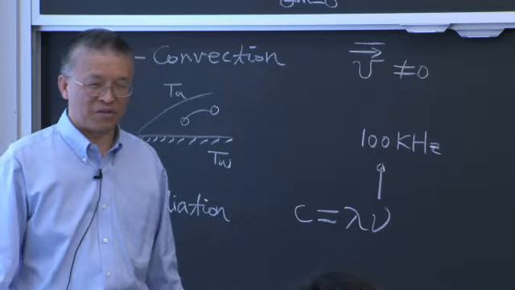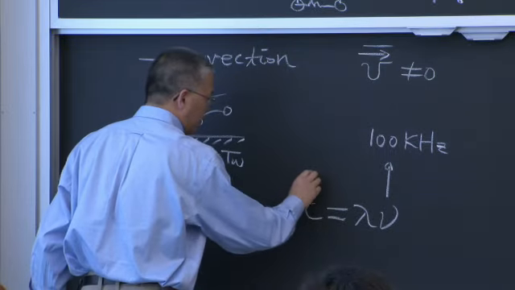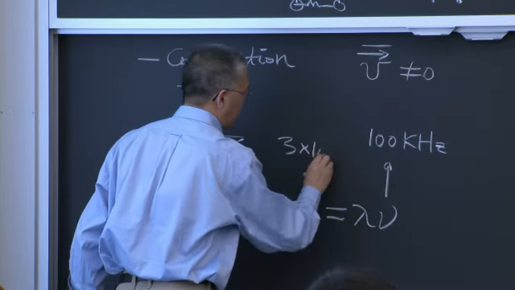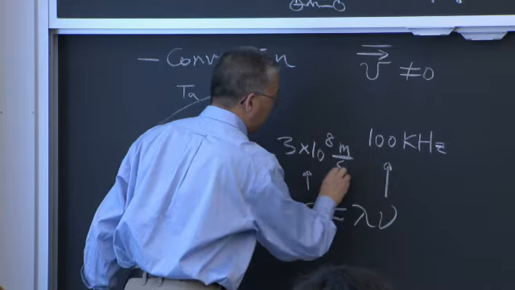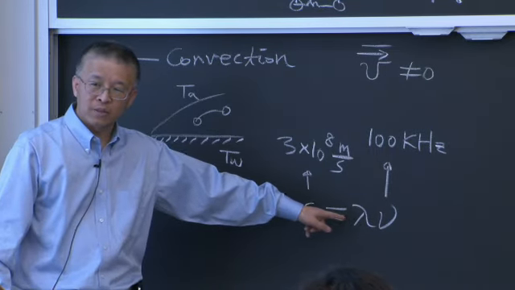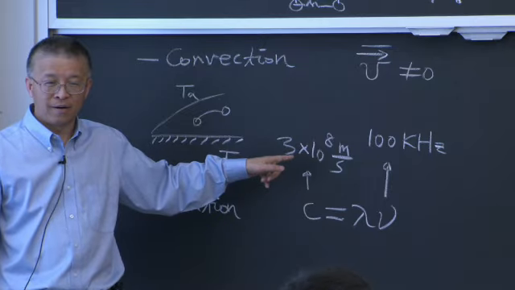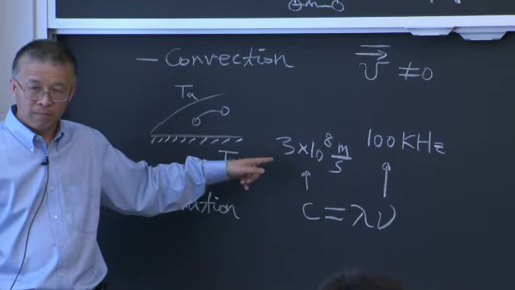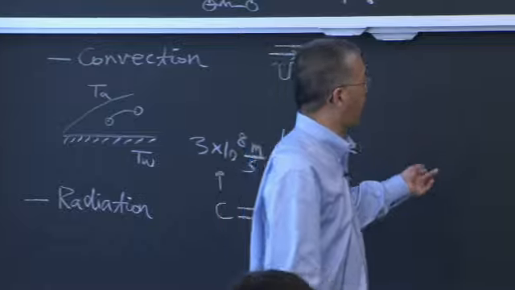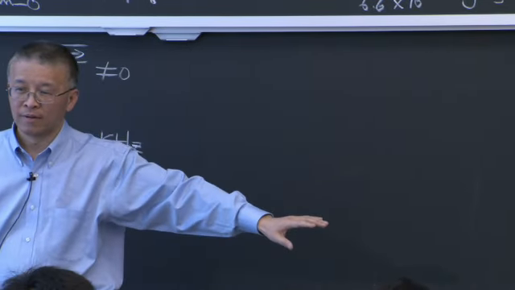I know it's in the 100 kilohertz range. And so what's the wavelength? Speed of light, 3 times 10 to the 8th meters per second, right? So that gives me a wavelength of 10 to the 5th to 10 to the 8th, kilometer. Okay? So it's a photon, and the energy is h nu, that's a low energy photon.